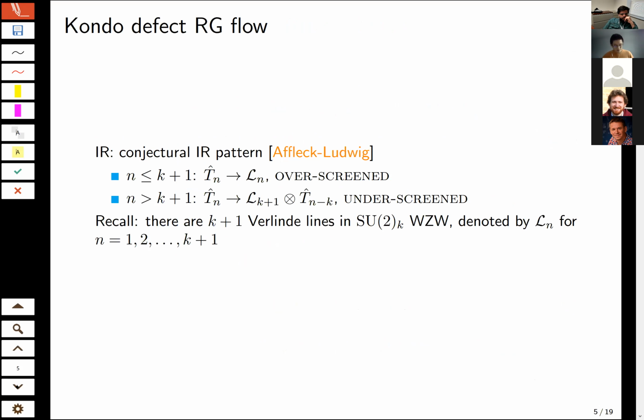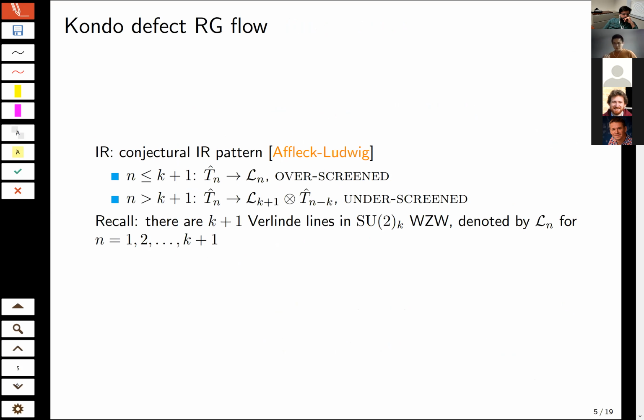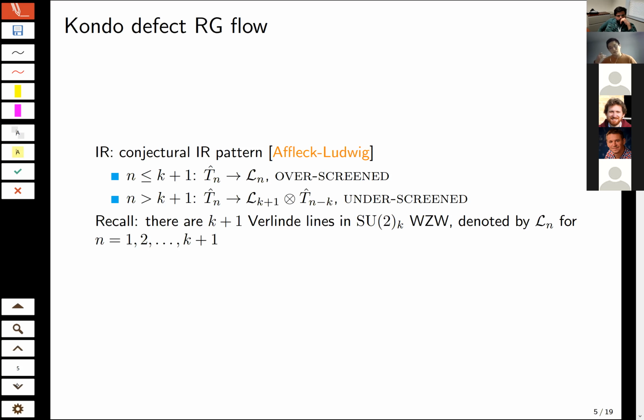Okay, so here is the result from perturbation theory in the UV, and we actually know a lot more than this. For example, there's an interesting result from Affleck and Ludwig that tells us, although it's strongly coupled in the IR, we know what the infrared line defect is. It turns out it's quite rich. When n is smaller than k plus 1, what you get is a topological line defect, and it's one of the Verlinde lines.